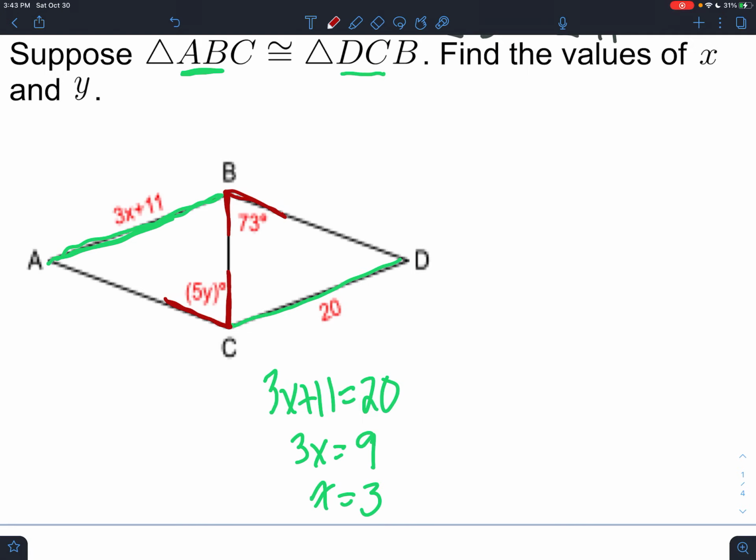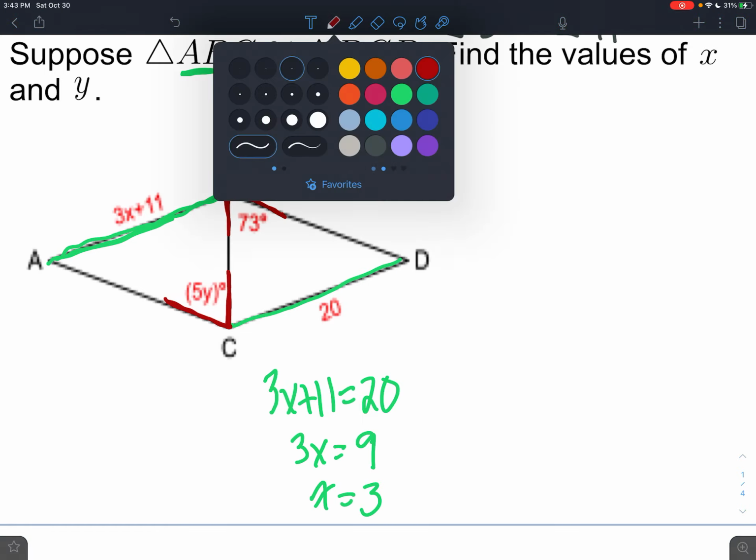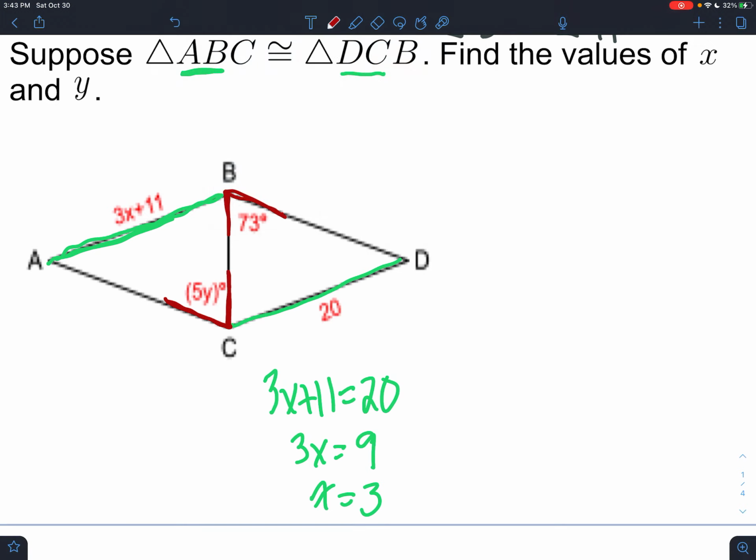So what I'm going to do is just go ahead and say, let's start at A. This is a little tricky, but how about angle ACB?